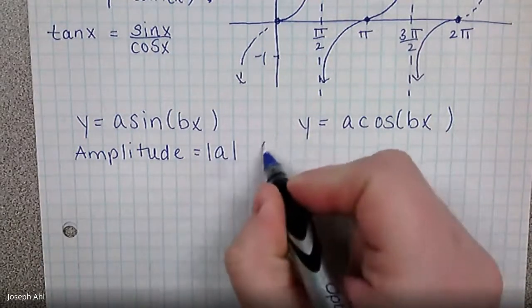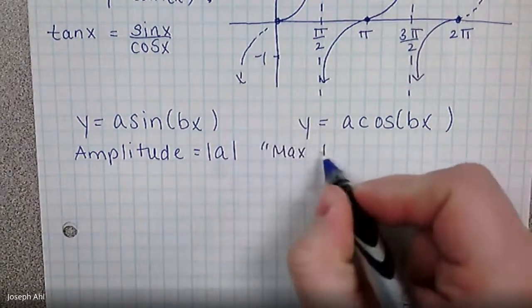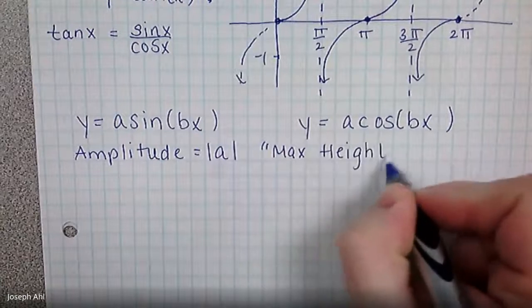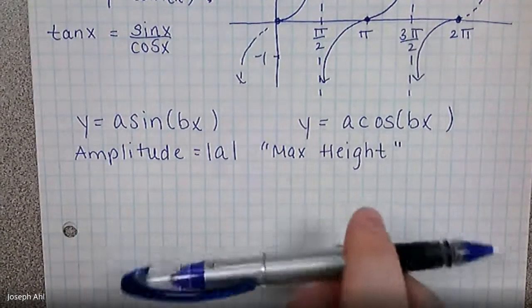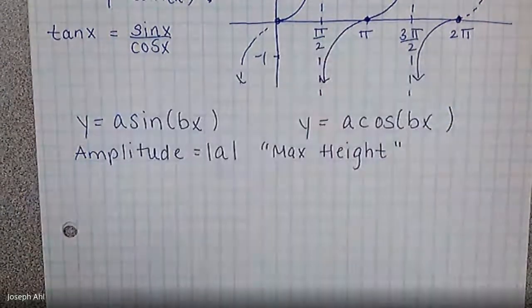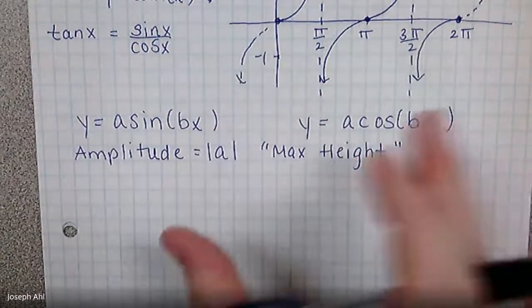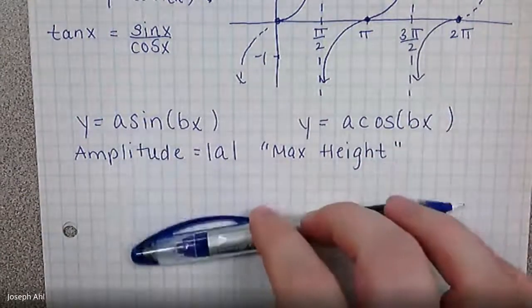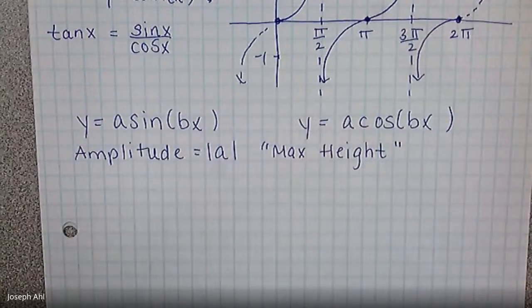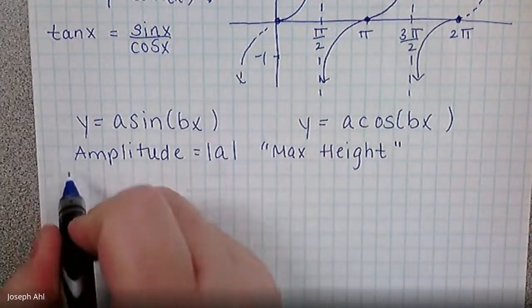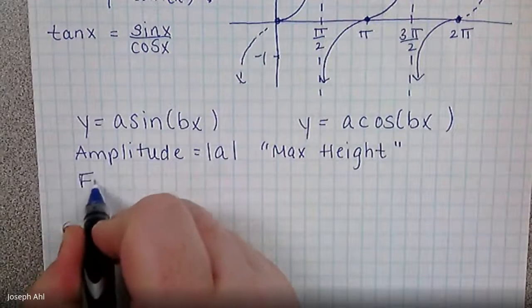And I want you to think of amplitude as being sort of the max height that the function takes on. So it's really the max height above the x-axis or above wherever the wrap line is. But that term wrap line will come later on in the unit, okay? So the height above the x-axis, the maximum value that we reach, that's going to be the value of the amplitude.